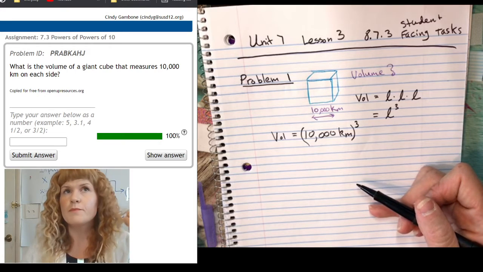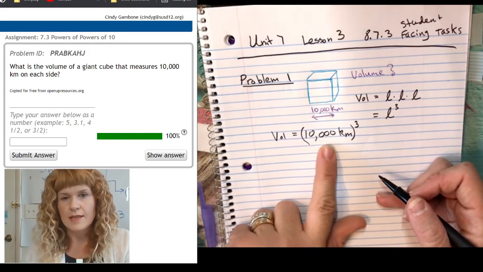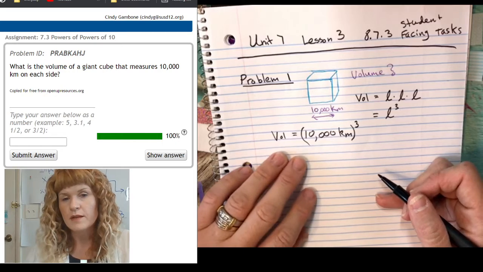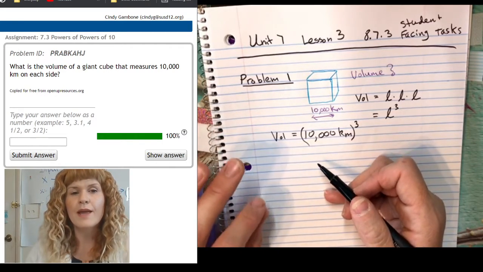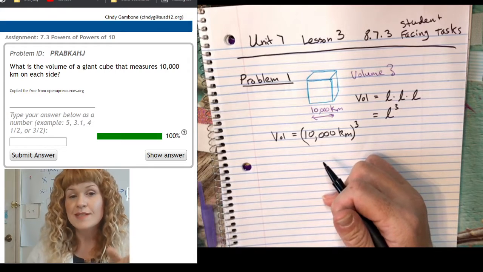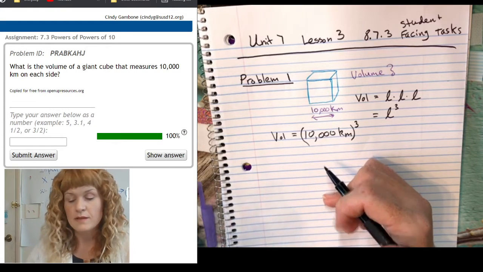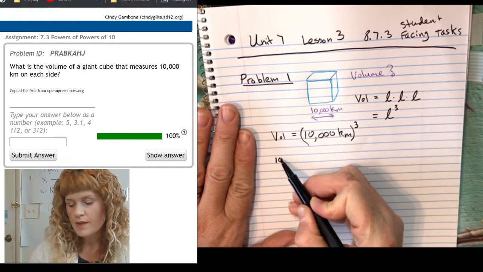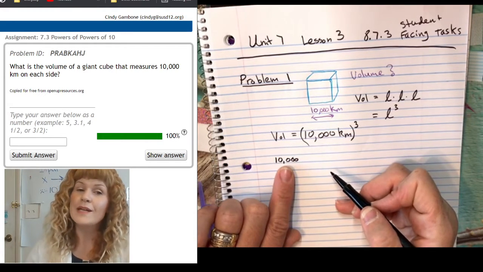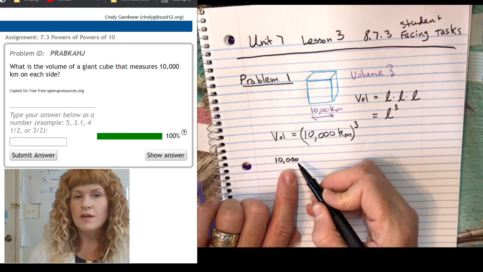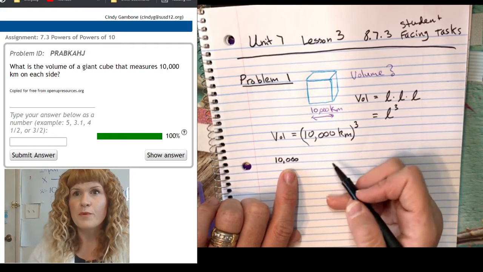If you're not good at multiplying 10,000s, you can use a calculator, or you might remember that when you multiply tens, hundreds, thousands, 10,000s, you can add the 0. So start with 10,000, and then we're going to multiply that by another 10,000. So that's adding on 4 more zeros.